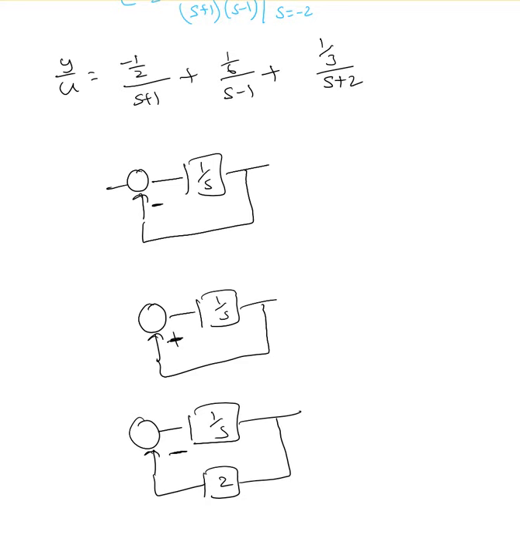Now these constants, minus 1 by 2, 1 by 6, 1 by 3, as I mentioned, it's up to you. You can add those on the front side, or you can add them at the output side. I always prefer to do it on the front side, but it's not going to hurt if we add it at the output side.